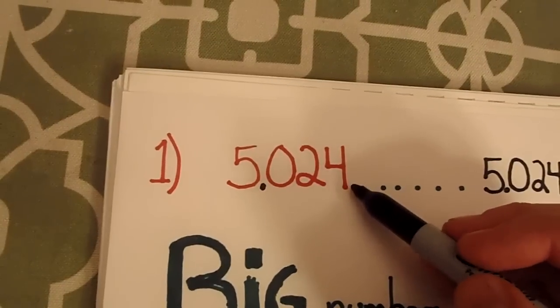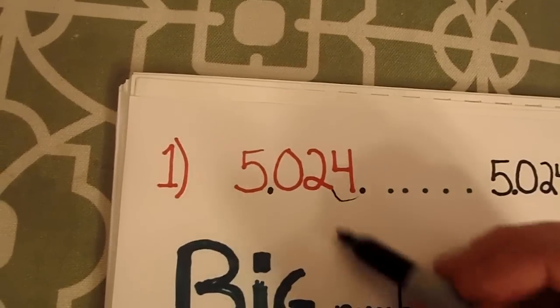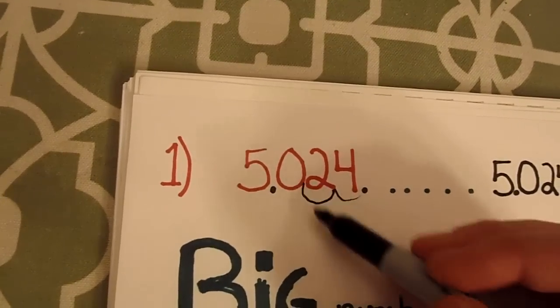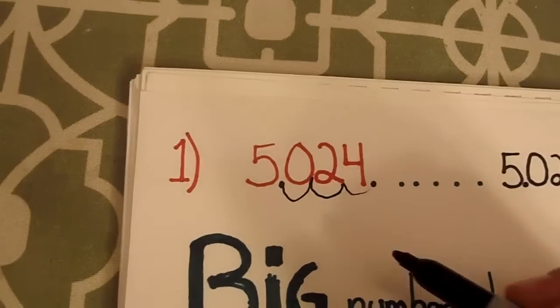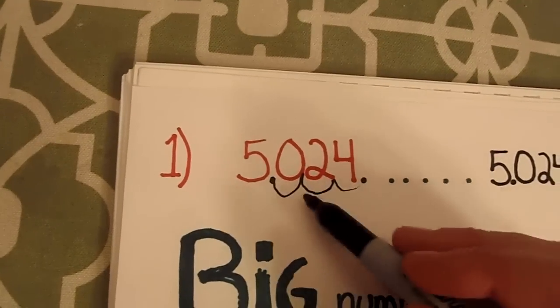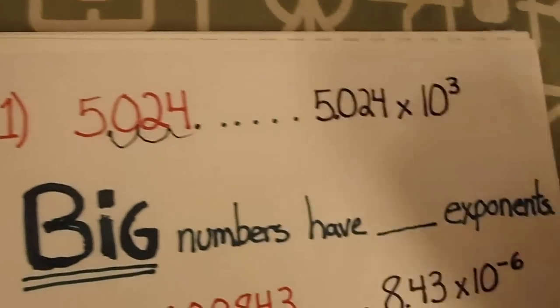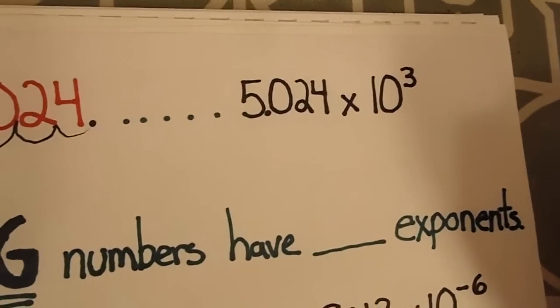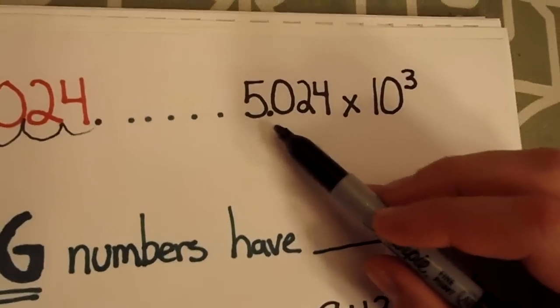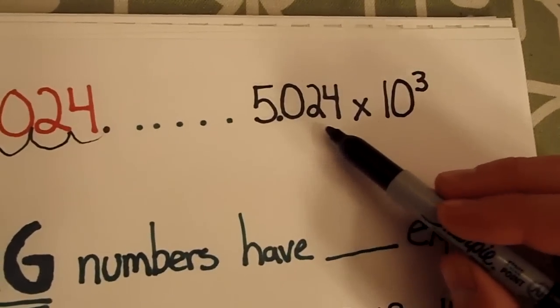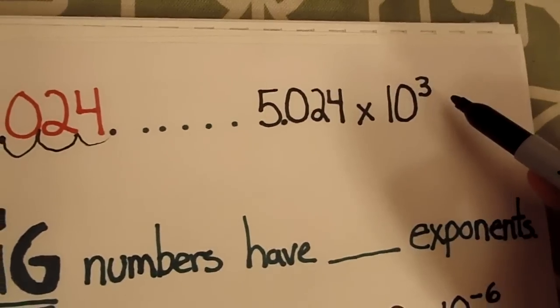So what we're going to do is we're moving it over a place of 10. 1, 2, 3. So that's where they got 3, the number of places that they moved the decimal. And so that's where they got to the power of 3. So this would be, in scientific notation, 5.024 times 10 to the third.